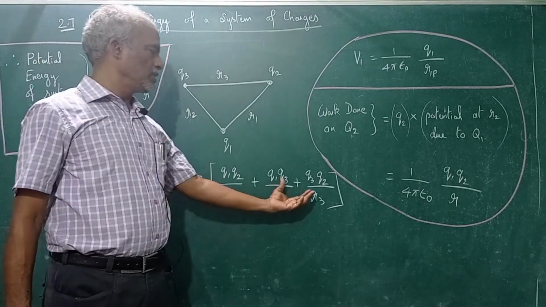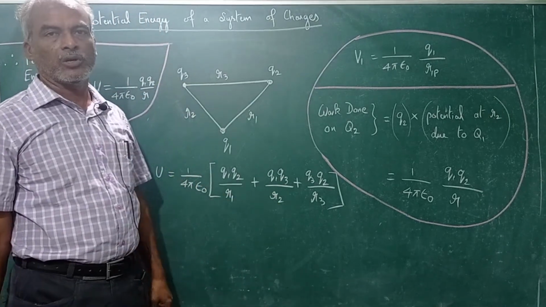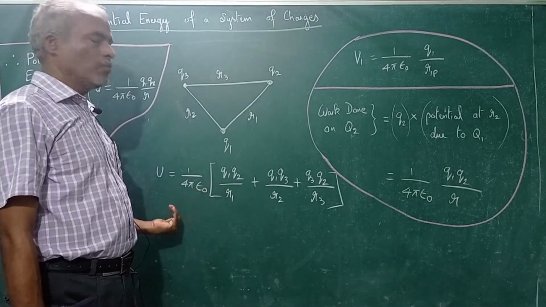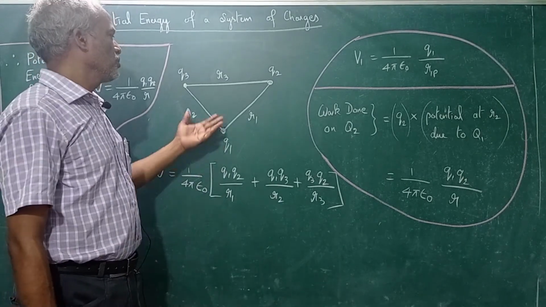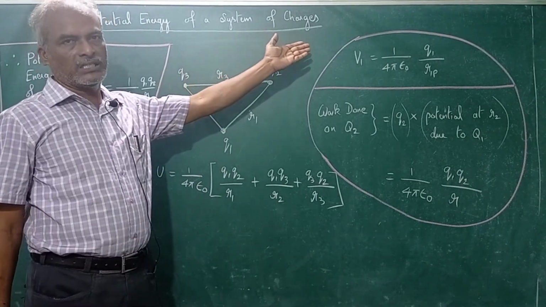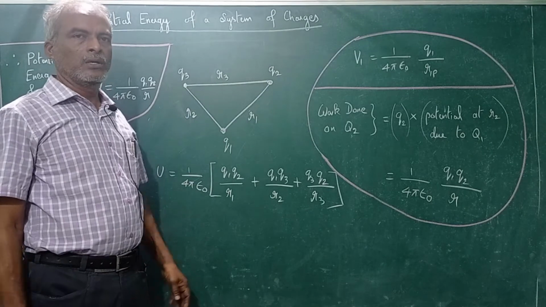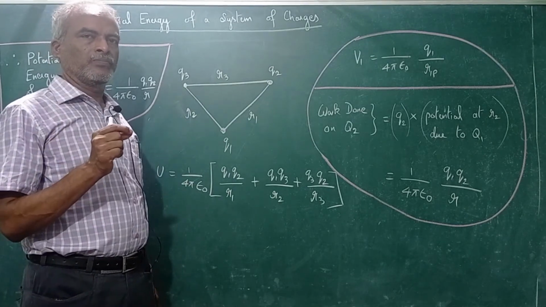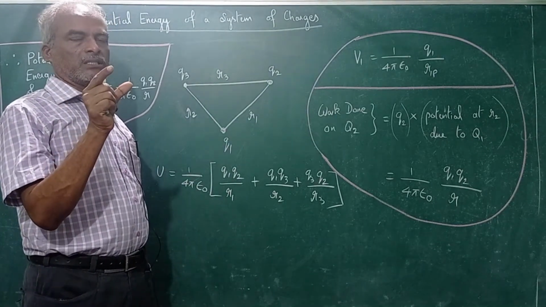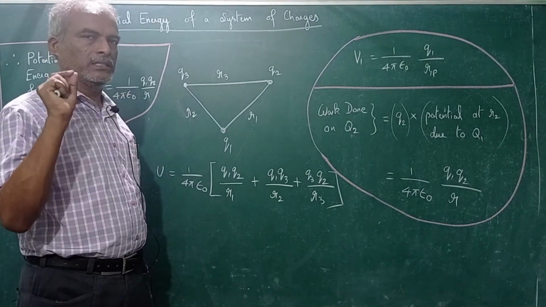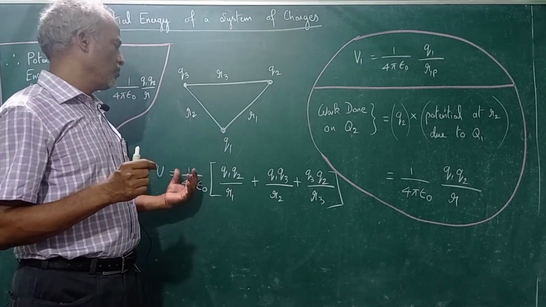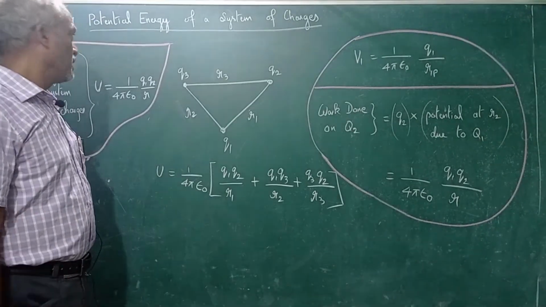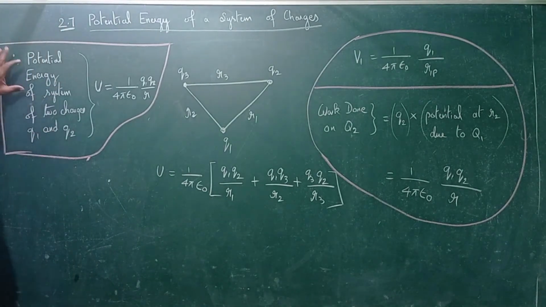And in all these terms, we have 1 by 4 pi epsilon naught as the common term. So we can pull the term outside. Suppose you have 4 charges, 5 charges, any number of charges. What you have to know is product of the two charges divided by the distance. If you know that, you can always calculate the work done or potential energy of system of multiple charges.